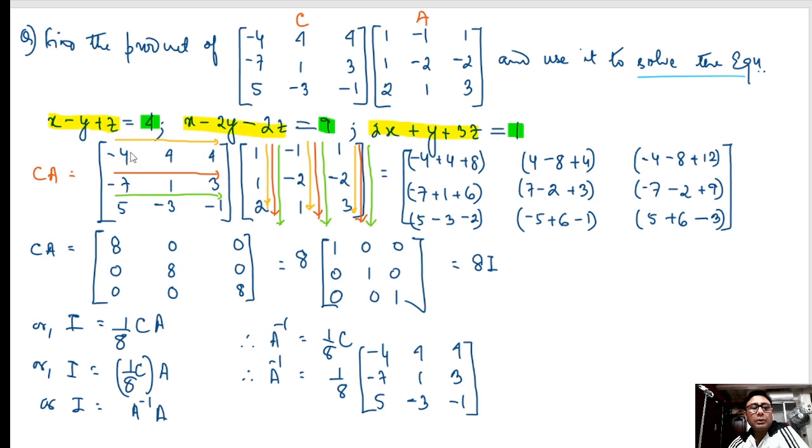Now we will do minus 4 into minus 1 plus 4 into minus 2 plus 4 into 1, which is this. Now we will do minus 4 into 1 plus 4 into minus 2 plus 4 into 3, and which is this.